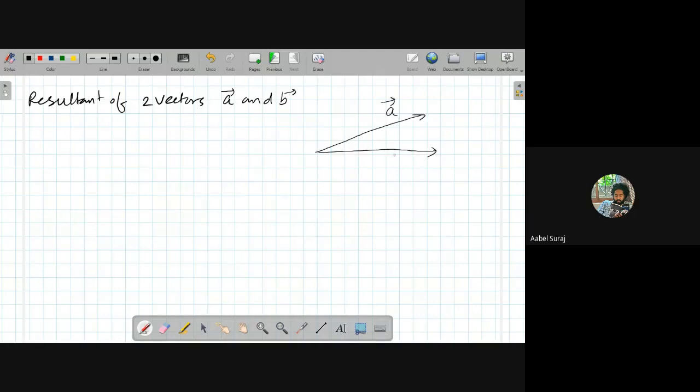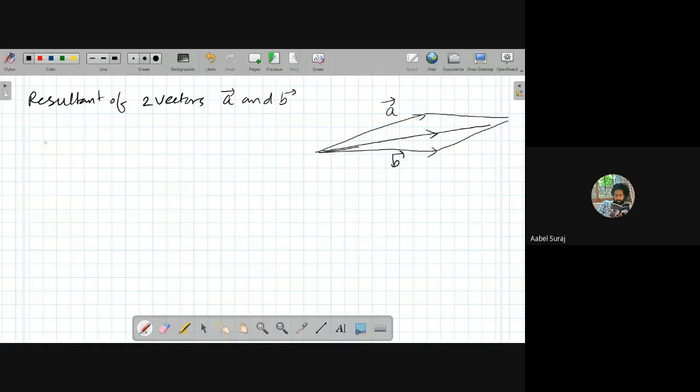Let's draw a parallelogram, then the resultant will be the diagonal. This one is the resultant of those vectors.